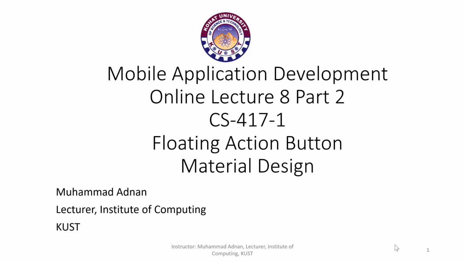Today we are going to summarize what we have done in part 1 of lecture 8. We studied a lot of things, but here I am going to summarize all of these concepts, such as what a floating action button is, what material design is, how we edit intents, how you can add image assets, and how you can add different images to your mobile application.